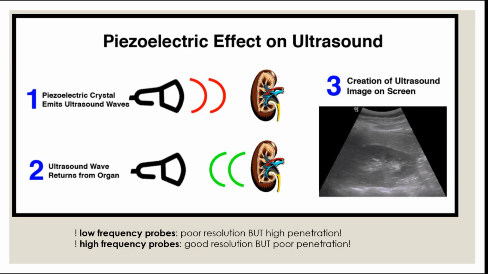There are usually low frequency probes and high frequency probes. The low frequency probes have good penetration but poor resolution, and the high frequency probes have good resolution but poor penetration. I think this is important because, do you know the frequencies that ultrasound transducers usually operate on?